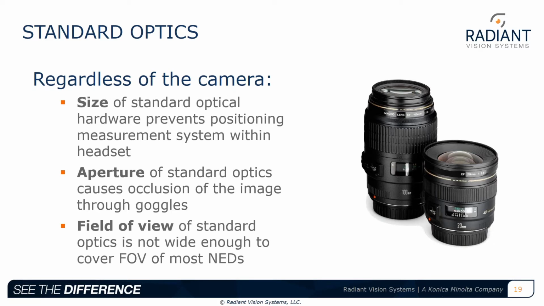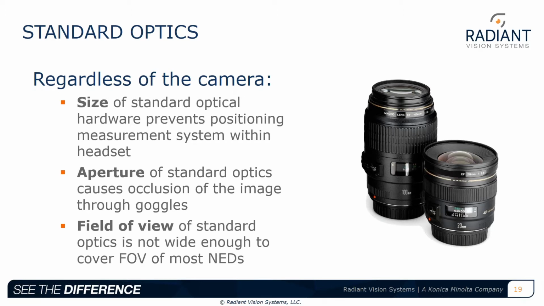The aperture is probably one of the most critical components of this, and we will extrapolate on this quite a bit more in the next couple slides. Effectively, the entrance pupil of the optical system needs to be as close to the front of the optic as it can possibly be, or even in front of the optic.